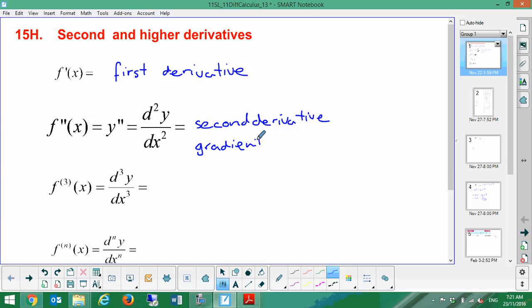So it's the rule for calculating the gradient at any point along our first derivative. Gradient function of f dash x, our first derivative. In the next chapters we'll be looking at what that means and what the significance of that is.